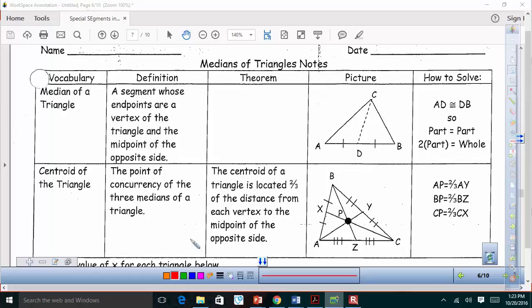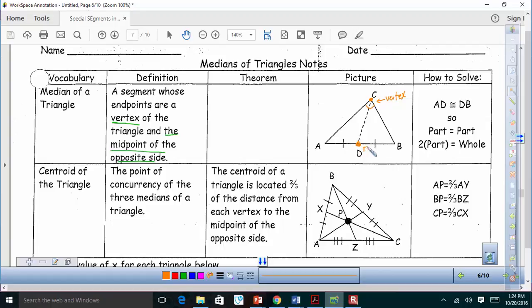And the medians also start at the vertex of the triangle, and then they go to the midpoint of the opposite side. So they're similar to an altitude, except it doesn't form a 90-degree angle. It splits the side into 2 equal parts. So if we're looking at this picture right here, it starts at C, which is the vertex, and it goes down to the midpoint of the side opposite.